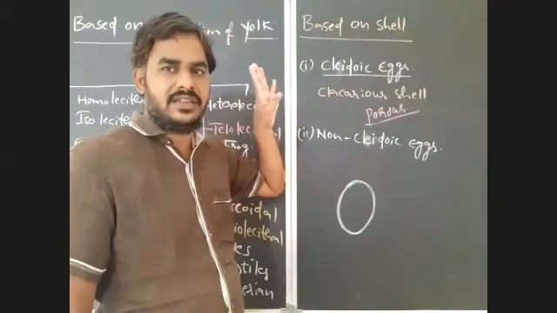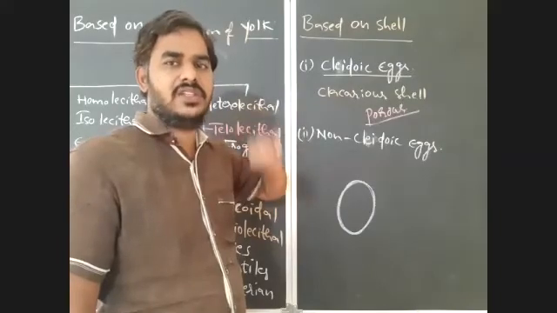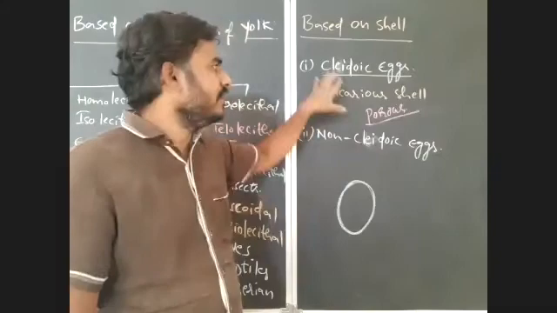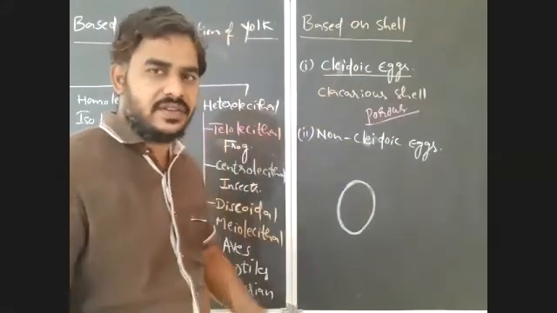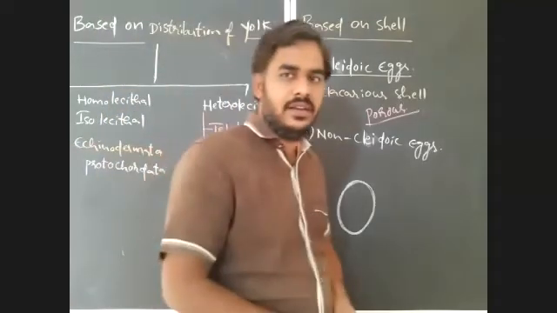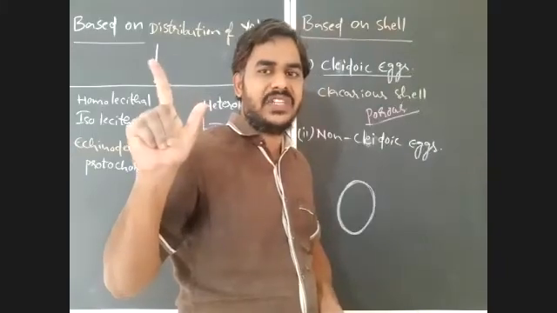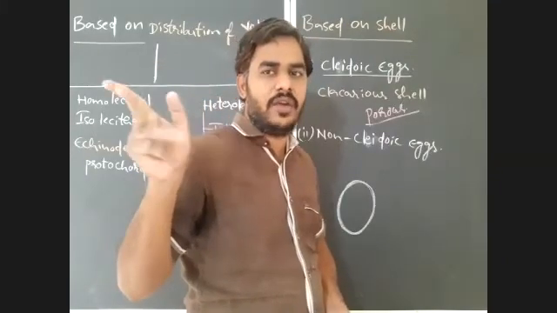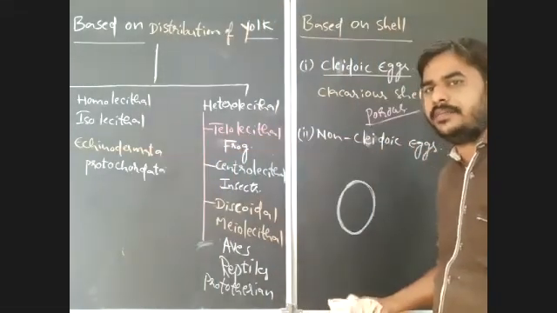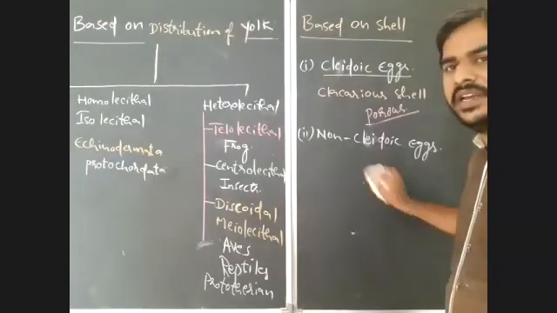In reptiles, aves, egg-laying mammals, insects and annelids, which type of eggs will we notice? Cleidoic eggs. The eggs are covered by shell. Terrestrial oviparous animals are examples for cleidoic eggs.